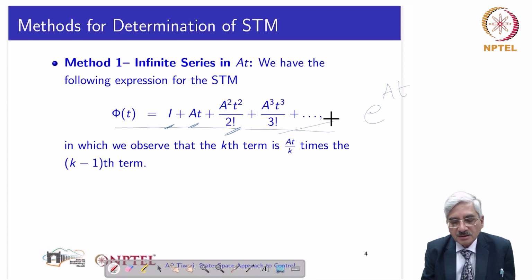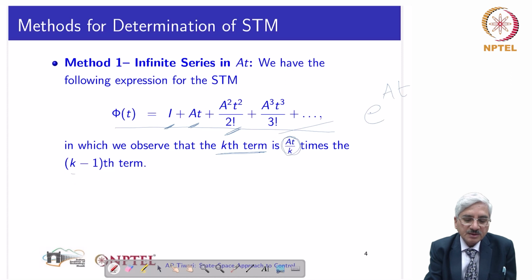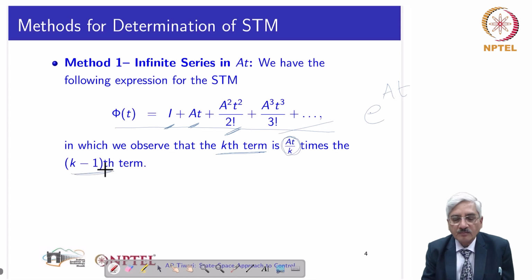We note in this that each term, the kth term, is At by k times the previous term, the k minus 1th term. And this gives an easy way of obtaining the successive terms once the previous term is known.